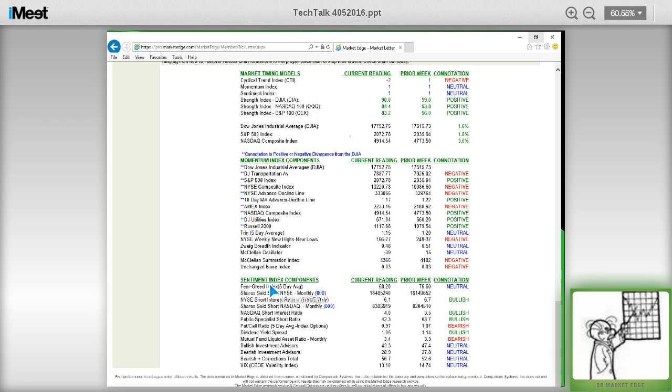But we look at the short interest in the market. We look at the CNN Fear and Greed Index. It's currently neutral, but I think yesterday it was 74, and above 75 gives us a little bit of alarm. So we're getting up there, at the top of the range on that. We also look at the bullish and bearish investment advisors. We're neutral right now.